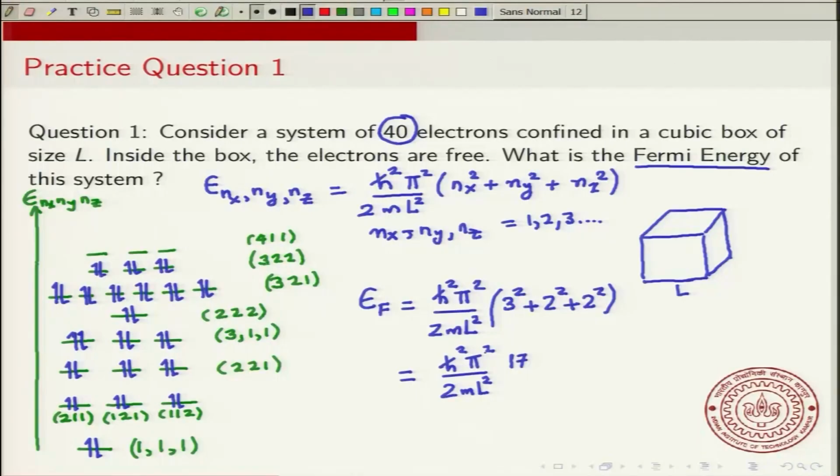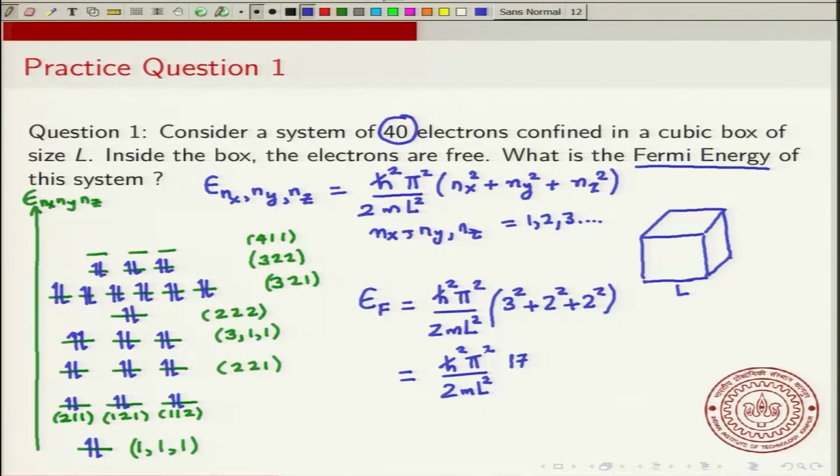Okay. Now, again this concept of first building up the energy levels and then filling them up starting from the lowest energy is very important. Okay. And it is something that we use even when you are doing the band theory of solids. We have all the energy levels, okay, we have all the energy bands, and then you start filling them from the bottom. We will see this in the following week.